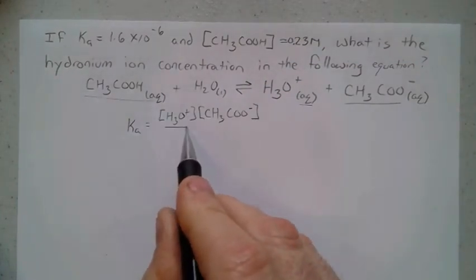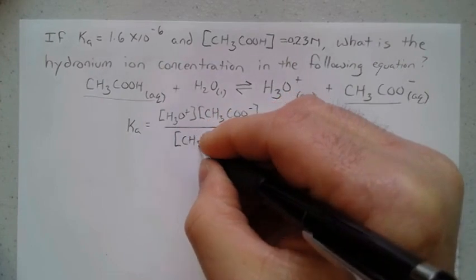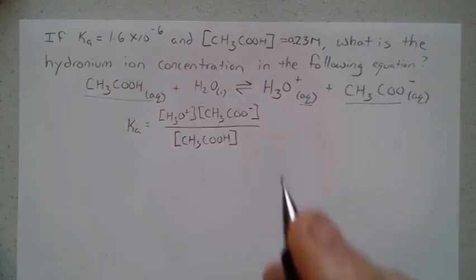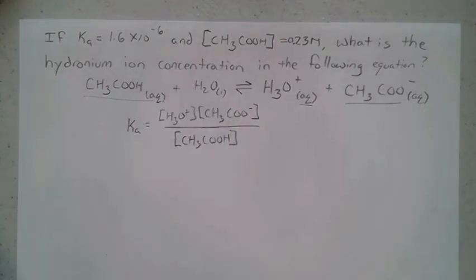And then I have the reactant, the acetic acid itself, CH3COOH. And I do not include the water because it is a liquid, and you never include solids or liquids in any Keq problem.